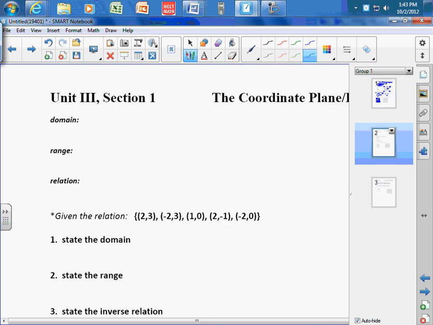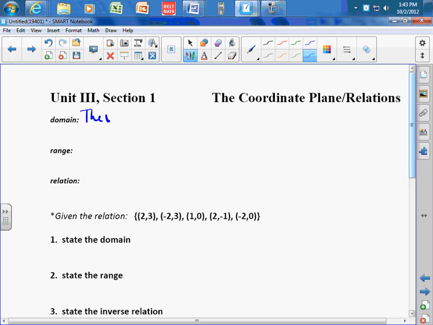The domain of a relation is the values we use for the x coordinate. In our ordered pairs, it'll be the first number.